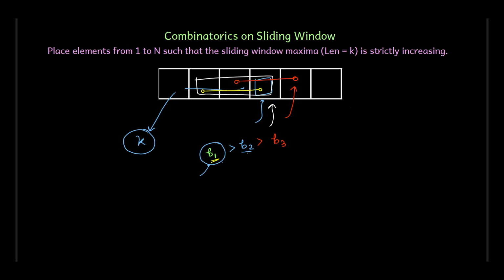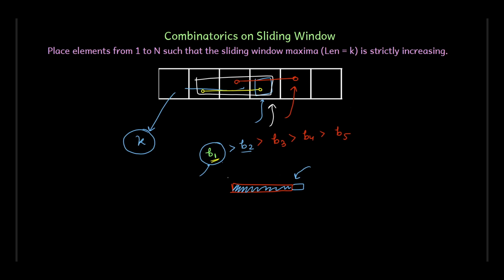B3 has to be greater than b2, and then you can follow this chain, and you can see that with just 2 to 3 lines of reasoning we were able to prove that whatever happens in the first window doesn't matter. B1 can be hidden anywhere, but the incoming element has to win. So this has to be strictly greater.